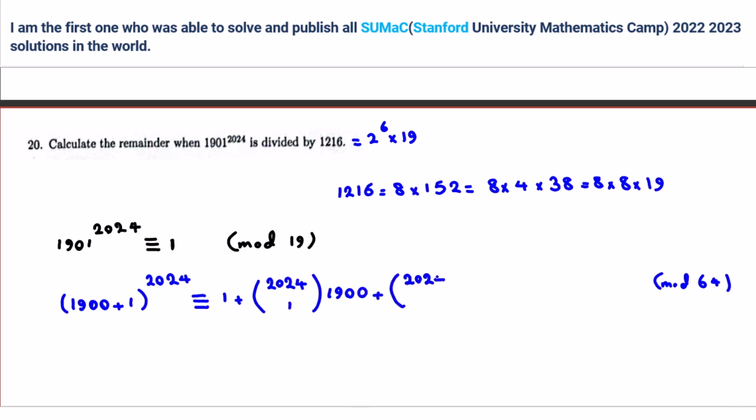Next term is 2024 choose 2 times 1900 squared. Do you agree the rest will be 0? Because 1900 is a multiple of 4, the next one has 4 cubed, 4 to the 8, right? 4 to the 4 and so on. So you should only calculate these three terms mod 64. So calculate it.